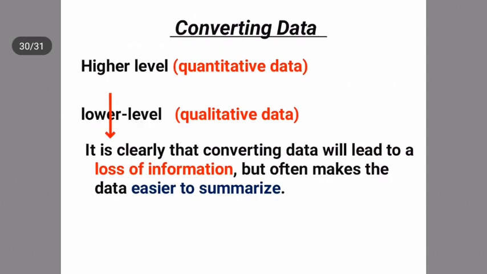So when we convert data, it is possible to convert from a higher level to a lower level. But we can't convert from a low level to a high level. Which is the low level and which is the high level? The more information the data can tell us, the higher level it is. So the level of quantitative data is higher than qualitative data.